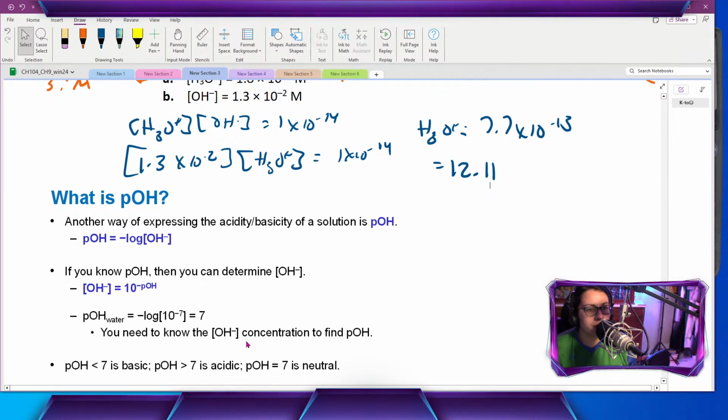And so this is a good transition to pOH then. So we have our pH, but we can also say, well, let's measure the pOH of something. And the pOH is equal to the negative log of the hydroxide concentration. So that makes sense. And just like before, we can also go back and forth. And so then if we take 10 to the negative power of our pOH, we get our hydroxide concentration back out.